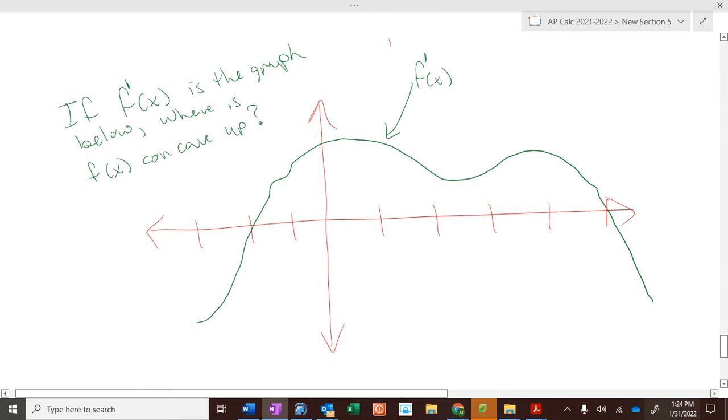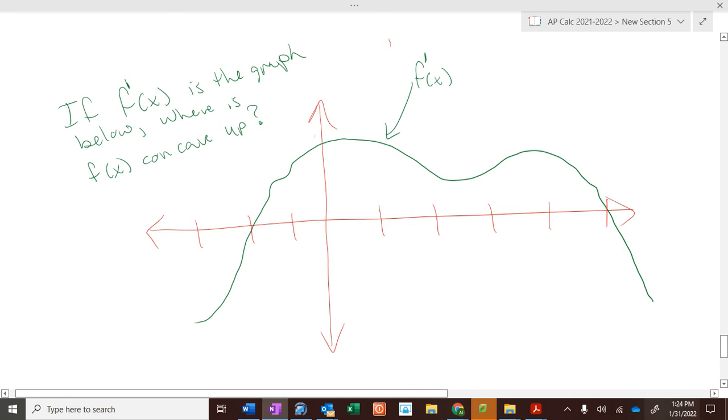If this is the first derivative of a graph, where is it concave up? Where the slope is positive. Yeah, so it'd be -2 to 0.